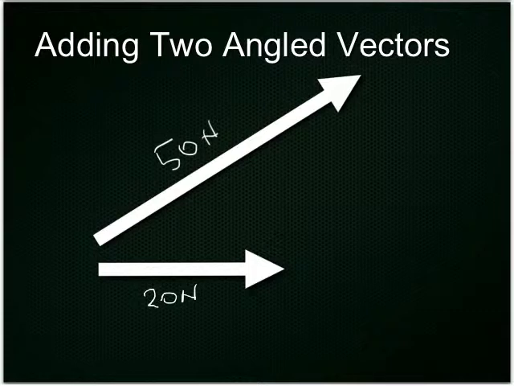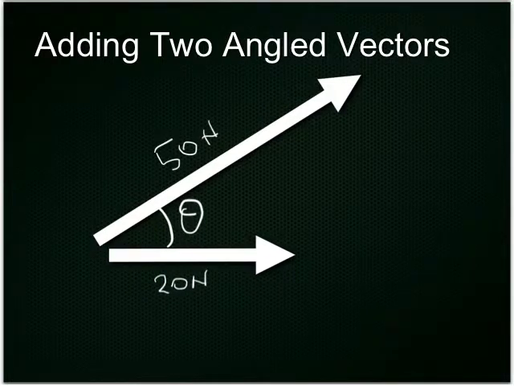Now, what happens here is we need to add these two things together. It was simple before, it was just adding the two numbers together, but in this case they're at an angle. So there's an actual angle here, and we actually need to adjust it accordingly. So, how do we add them?